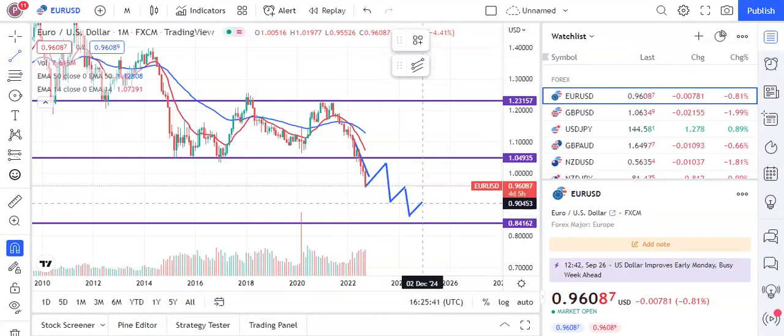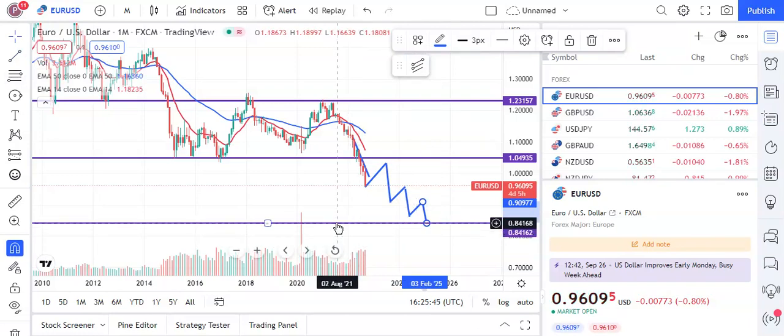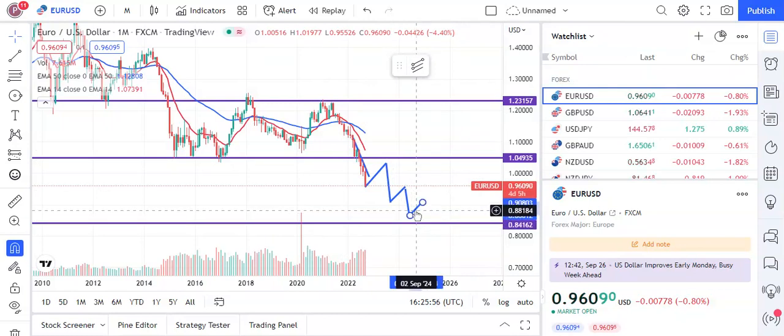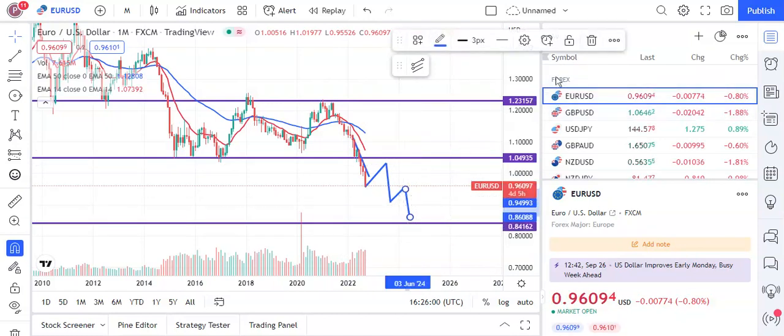Then finally touch here. This is how price moves. So you can see it. It's a pure downtrend. Price moves in zigzag formation on the daily time frame. On the monthly time frame, price is on a downtrend.